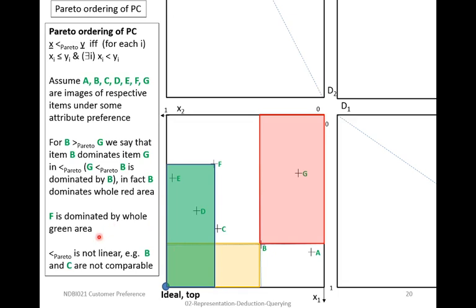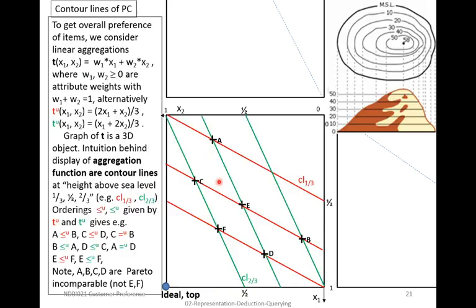So this slide is about the notion that point B is dominating this red area, and point B is dominated by this yellow area. And for instance, point F, these are images of items in the preference cube, is dominated by this green area, but these 2 points are not comparable, again because B is better in the x1 value and F is better in the x2 value, well, whatever.